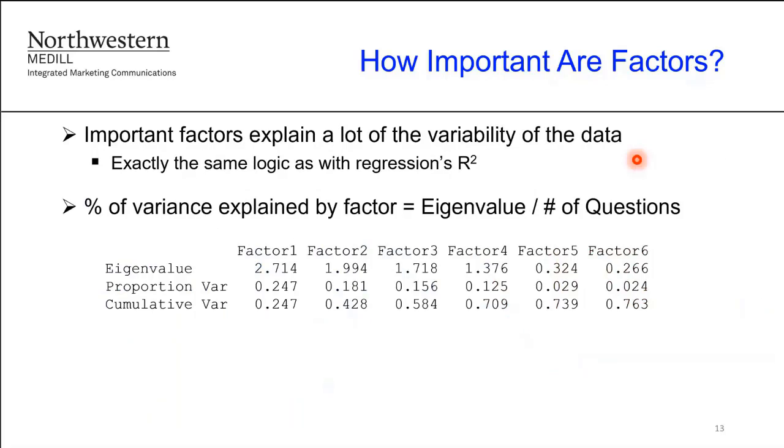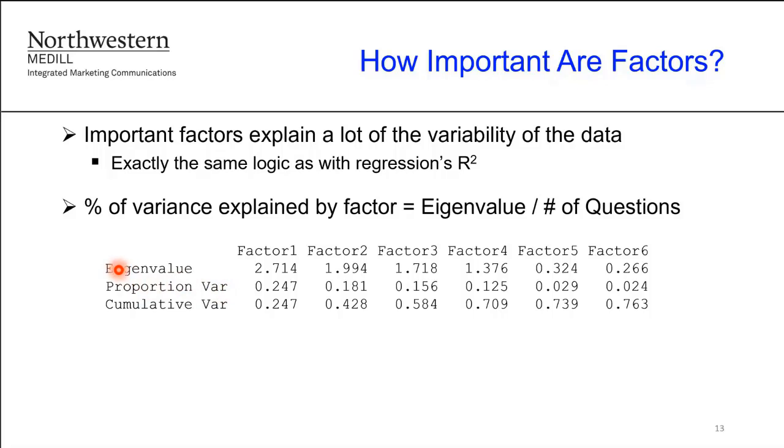The idea here is that the important factors explain a lot of the variability of the data. This is exactly the same logic as with the R squared in regressions. So we can compute the percentage of variance using the eigenvalue.